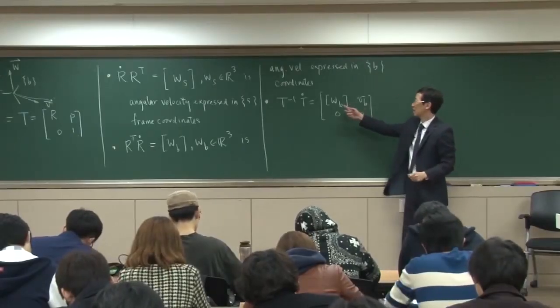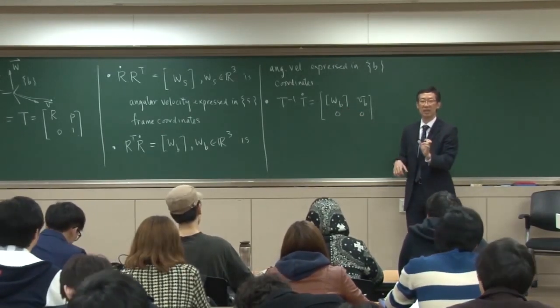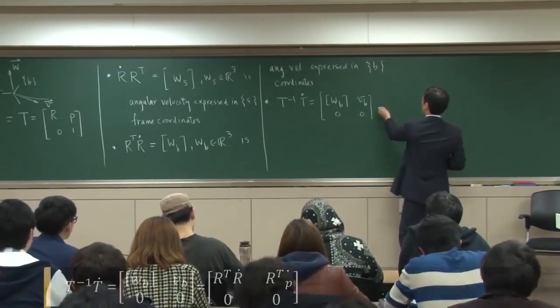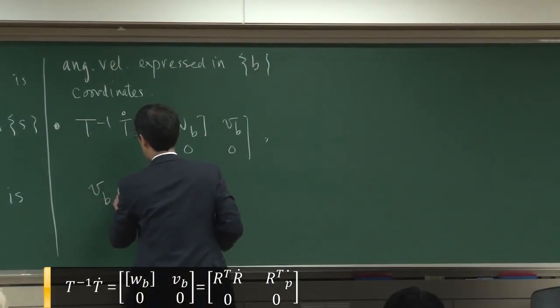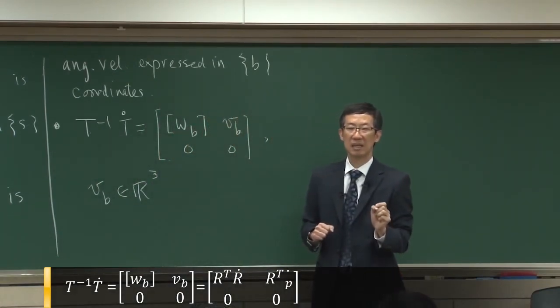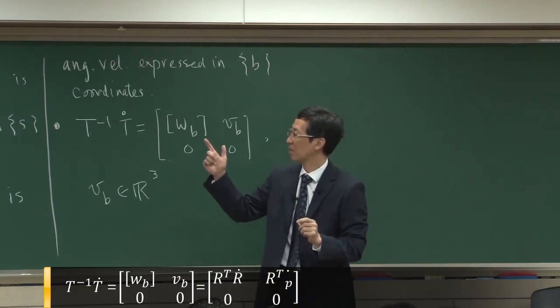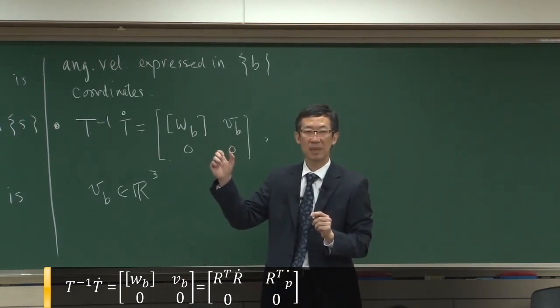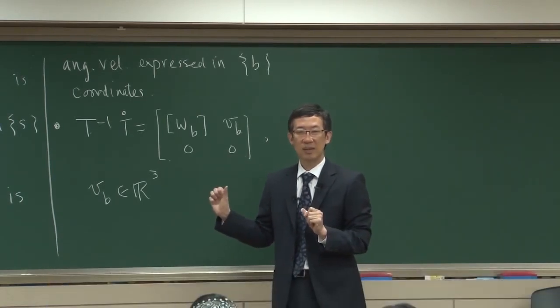So omega b is as before, the angular velocity expressed in the body frame. v sub b is a three-dimensional vector. Now, what is this? This is the linear velocity of the moving frame expressed in B frame coordinates.